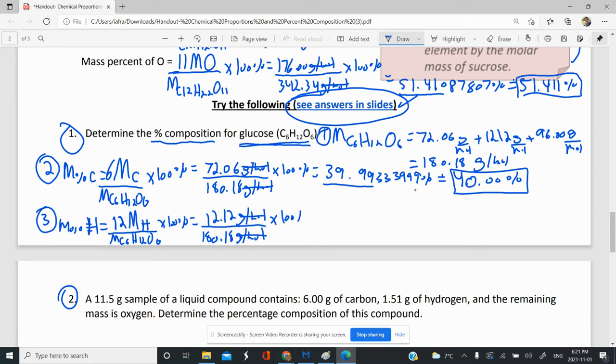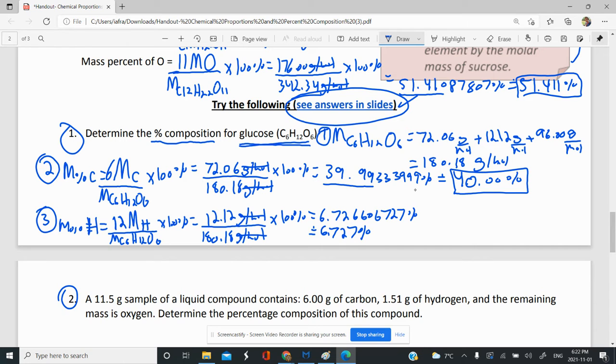Cross those out because they're the same unit, top and bottom, then times 100%. And we get 12.12 divided by 180.18 times 100. And we get 6.7266066727%, or approximately, to keep it at 4 sig figs, 6.727%.